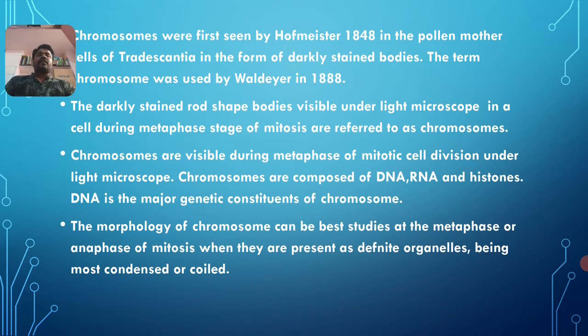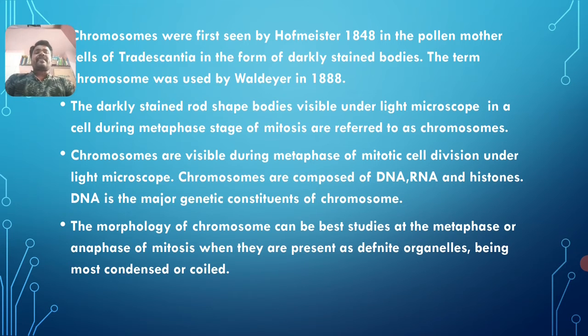Chromosomes are visible during metaphase of mitotic cell division under the light microscope. These chromosomes are composed of DNA, RNA and histones. Histones are proteins. DNA and RNA are nucleic acids.